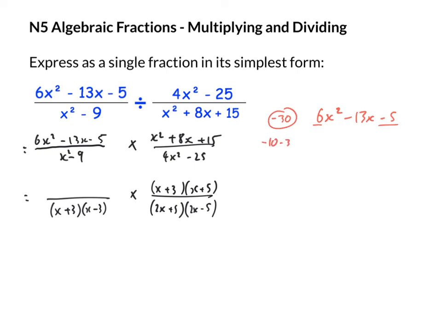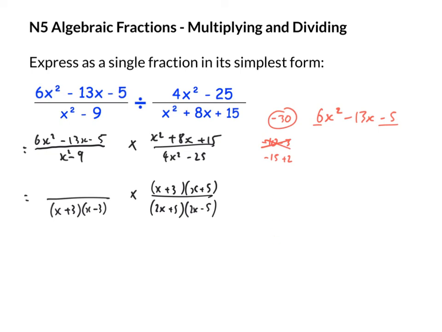That'll add together to give me negative 13, but these two terms will multiply to give you positive 30. So that's no good. Negative 15, positive 2. They will add to give me negative 13, and they will multiply to give me negative 30. Remember, if you're struggling to pick your factor pair, start at the beginning, 1 and 30, and just list them out in order.